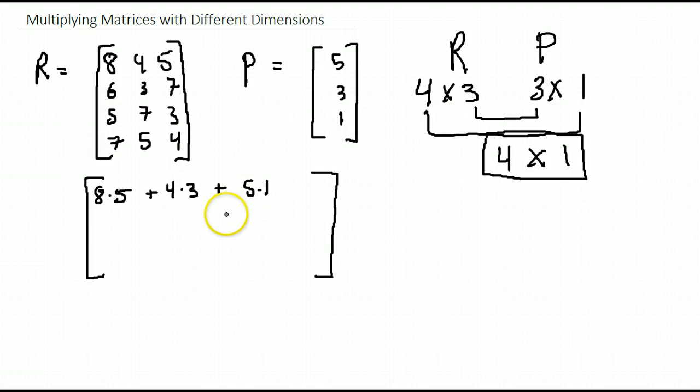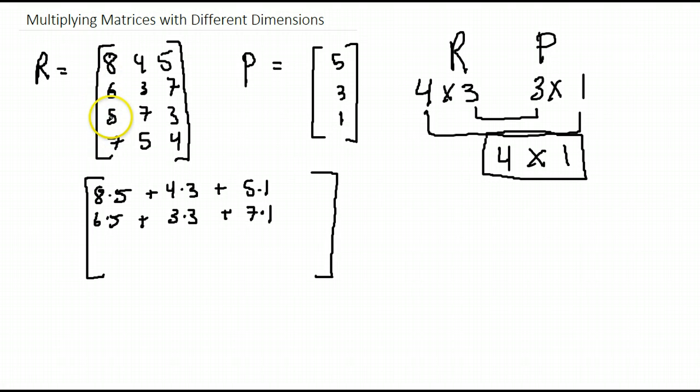Okay. So then we're going to do the same thing for each row. So then we have our second row, we're going to multiply again by the column of 5, 3, and 1. So that's 6 times 5 plus 3 times 3 plus 7 times 1.